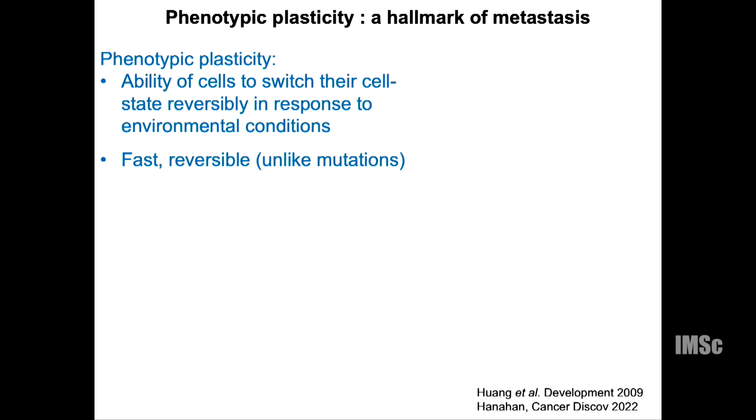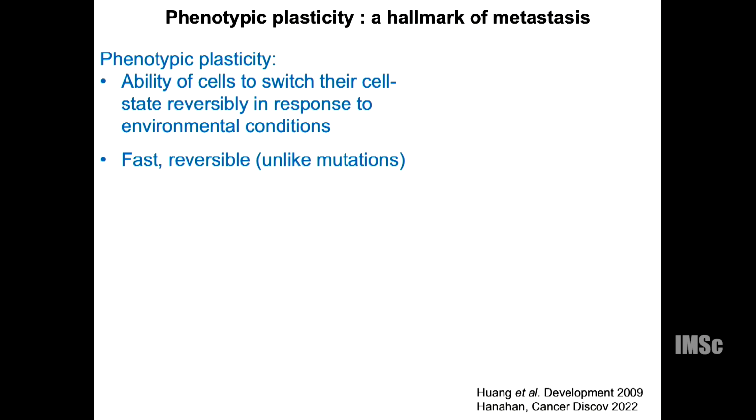If suddenly the oxygen levels go down, you could switch your metabolic behavior to a different behavior. But for mutations, you would have to wait for multiple cell divisions to occur. So again, at a fast time scale, phenotypic plasticity or phenotypic adaptation; at a relatively slower time scale, genetic adaptation plays a role. And also, these changes are reversible in nature.